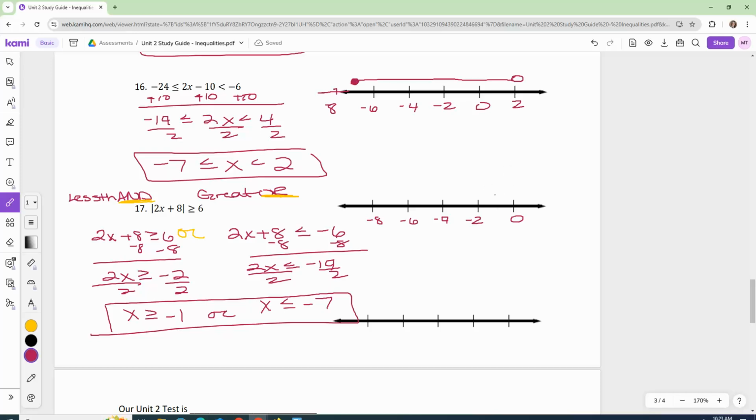Closed, and going to the right. Less than or equal to -7 would be closed, going to the left. Alright, so greater than or two separate ones. Alright, work on the next few problems, please.